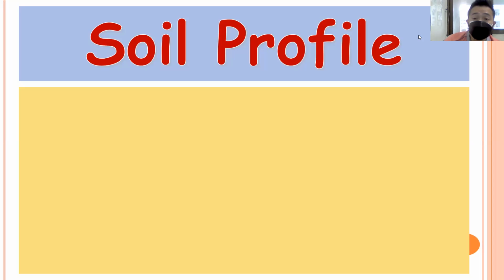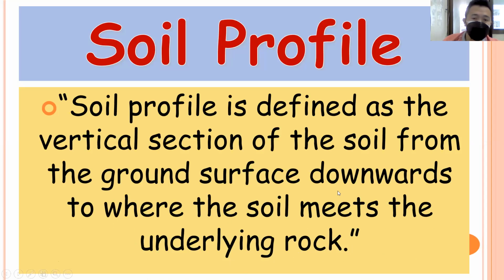Okay, here's the soil profile. What is the meaning? According here, soil profile is defined as the vertical section of the soil from the ground surface downward to where the soil meets the underlying rock. So that is the definition of soil profile.